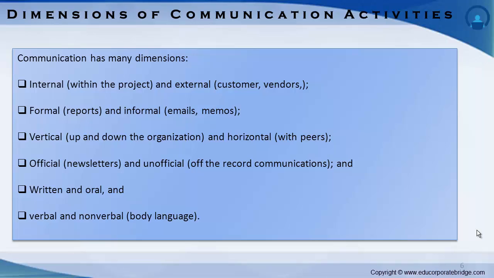Written communication is through some documents or email, and oral communication is through verbal discussions. Last dimension is verbal and non-verbal. Verbal communication happens using the language of discussion or the language in which you talk, while non-verbal communication is through body language.